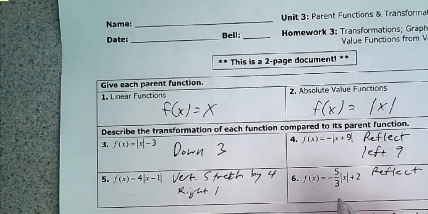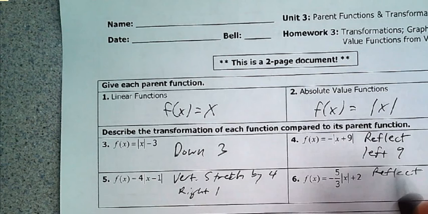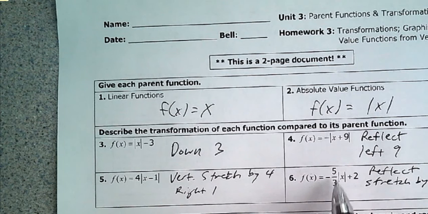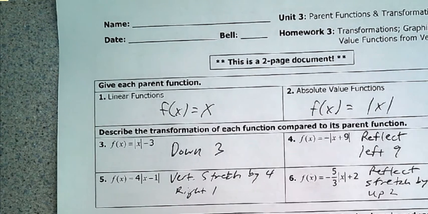Yes, it is, because 5 is greater than 3. So it's not a shrink. If it's greater than 1, it's a stretch by 5/3. And we're going to see in just a minute, we're going to think of this number out front as if it's a slope. So then the last thing here is up 2, because the 2 is outside the absolute value.